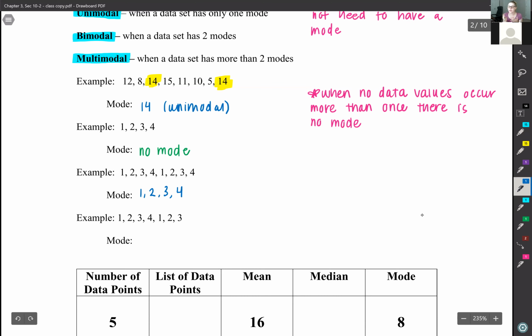The difference is that in the last example, they all occur only once, which the textbook defined as no mode. But in this third example, they all occur twice, so they all occur more than once, so they're all the mode. And just to note, this would be multimodal.